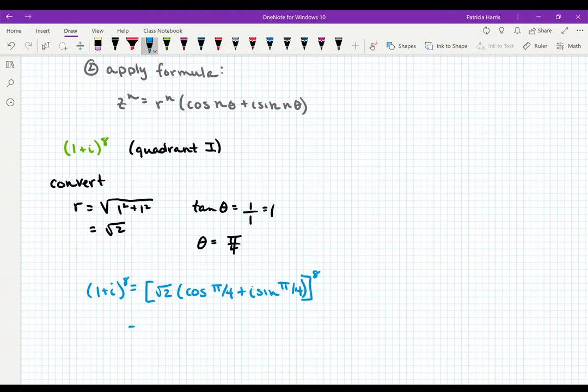Okay, so using our formula, and we're just plugging it in.